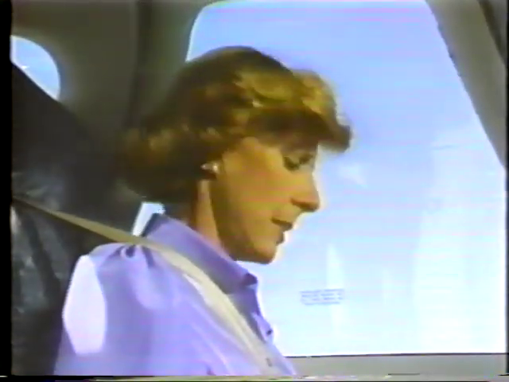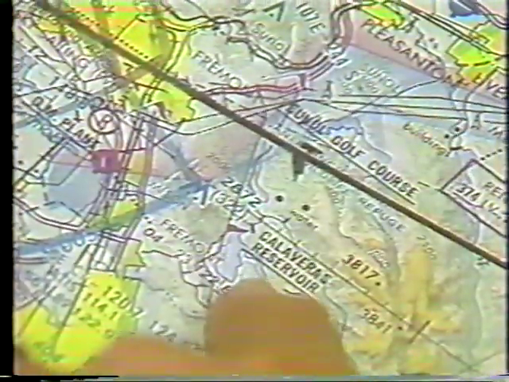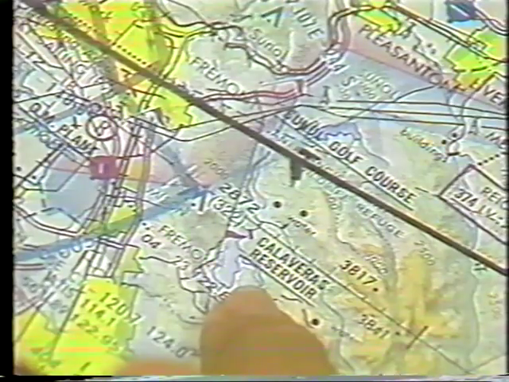Our next checkpoint is this lake, located left of course. Over to the right is a reservoir. There it is.